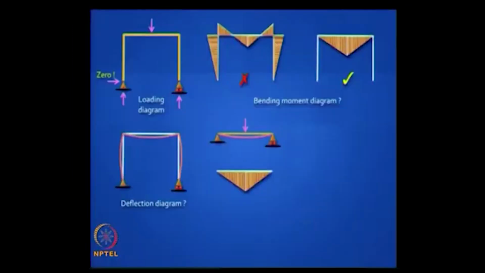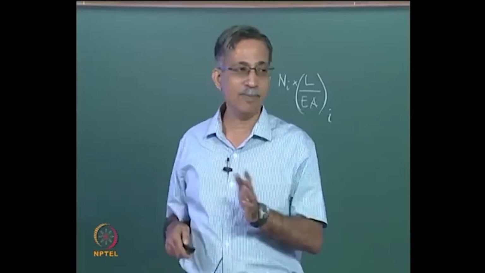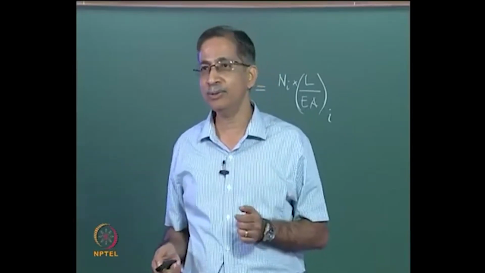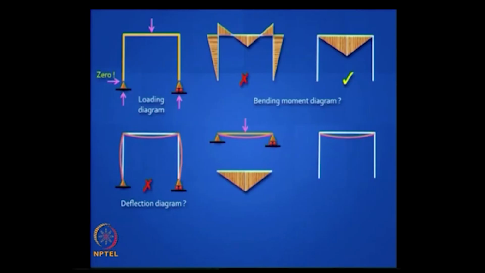You will find that many people draw the diagram like this, which is not correct. Why is it not correct? Right, because the vertical elements are seen to be bending here, but there is no bending moment. So what should you do? Well, you first reproduce this simply supported beam drawing there. Why should you reproduce it?